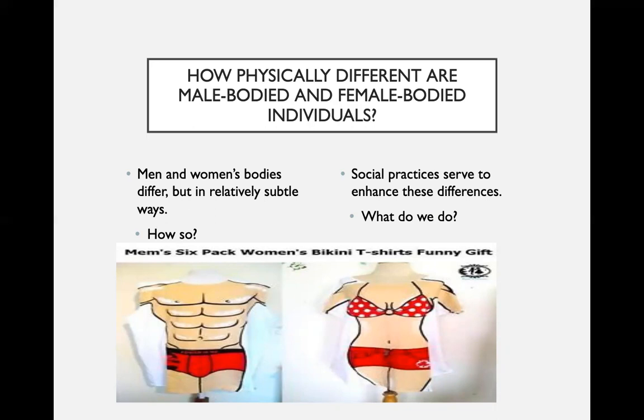So yes, in general, men are hairier than women, but let's be honest, if we did not shave and wax and Nair and electrolysis, women are in fact hairier than we let on. Similarly, we say men have broader shoulders and a bigger chest, and women have wider hips.